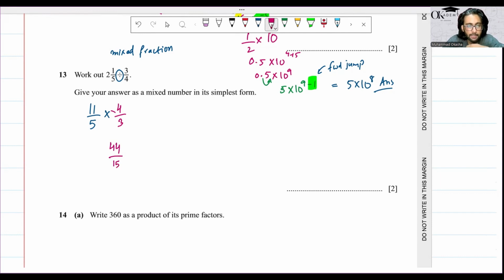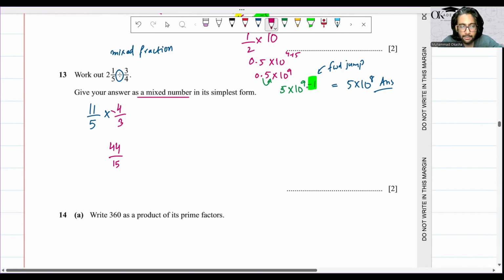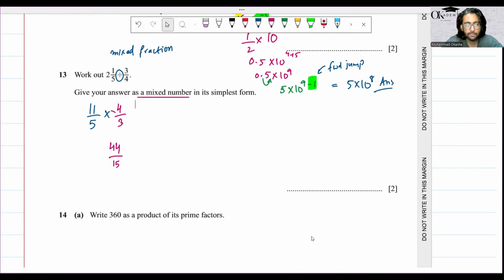Now we're not done here. Give your answer as a mixed number. We have to reconvert it into a mixed fraction. So it's really simple. This is the divisor and this is the dividend. So 15 outside, 44 inside. 15 times 3 is 45.